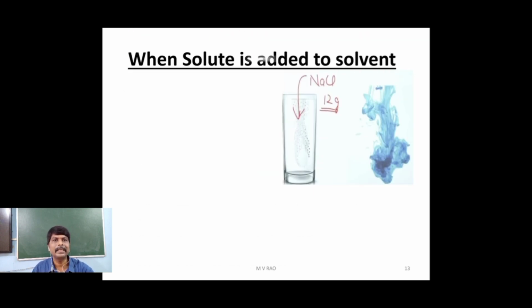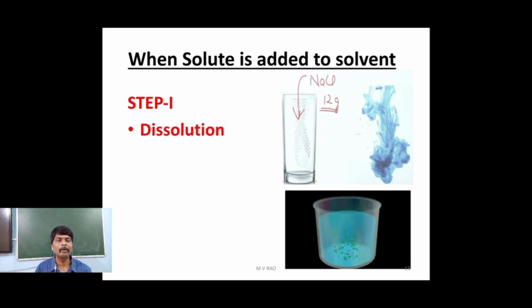Now next you see, when a solute is added to a solvent, you take 1 spoon or 10 or 12 grams of salt and try to dissolve it in 1 glass. If you take a colored salt, you can observe clearly. The solute enters the solvent slowly, diffusing and dissolving. So dissolution takes place like this. There are 3 steps.